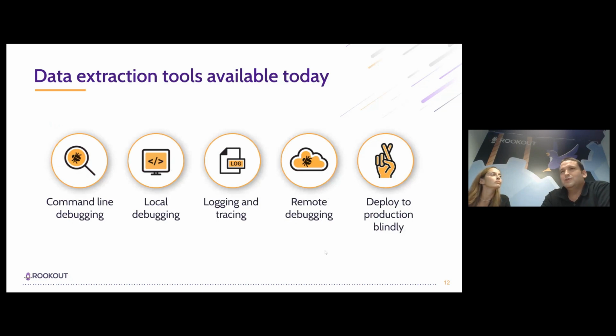And some teams fall back to the ancient practice of crossing fingers, deploying to production and hoping that it will somehow fix the problem. But most of the industry has already accepted that logging and tracing are the best we can do at the moment. And in many situations, it is good enough. But we believe that we can do better, or as we like to say to each other, ain't nobody got time for this.